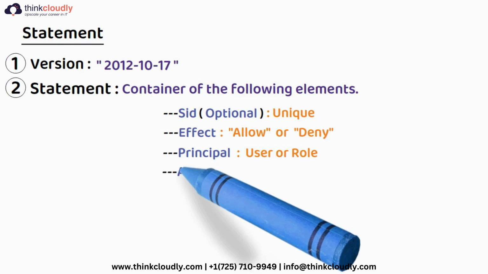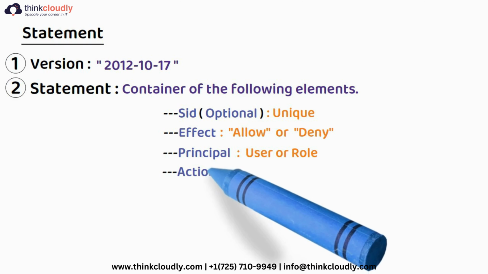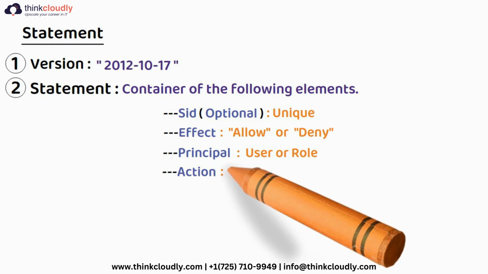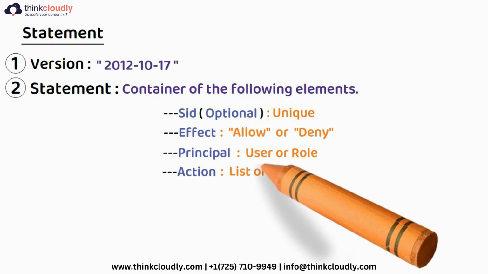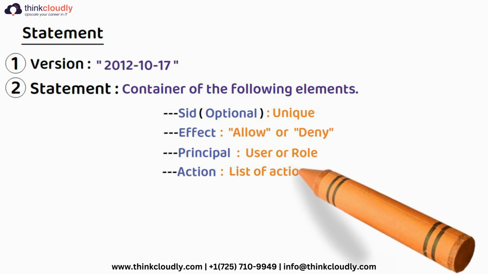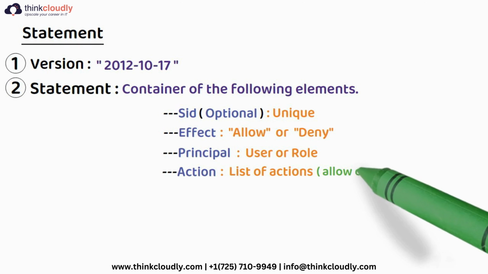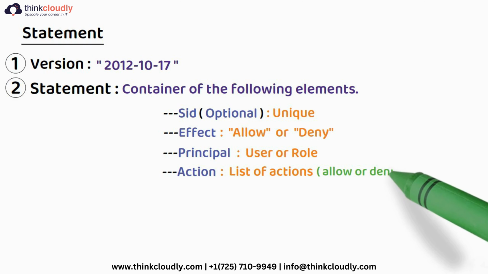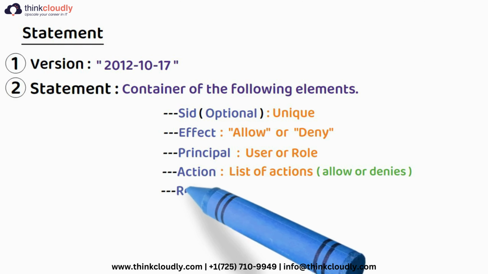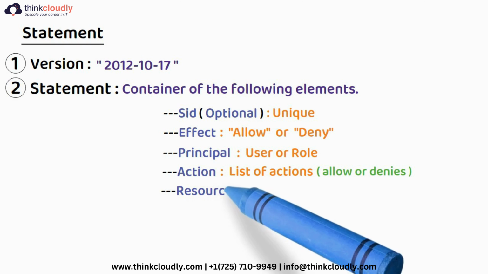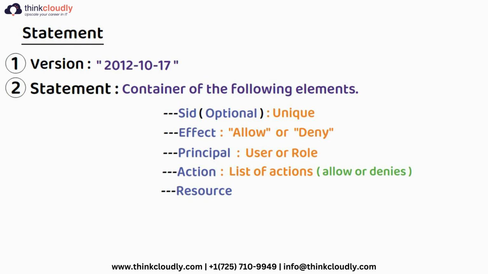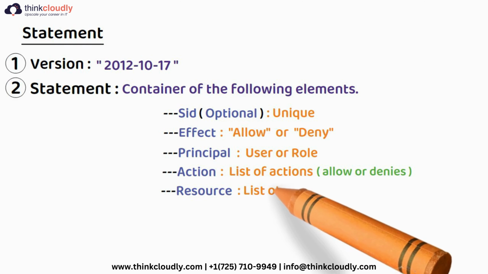Then you have action. It can include the list of actions which you want to do, and we will be understanding this with an example. List of actions that the policy allows or denies. Then we have resource. These are the list of resources to which the policy is applied.